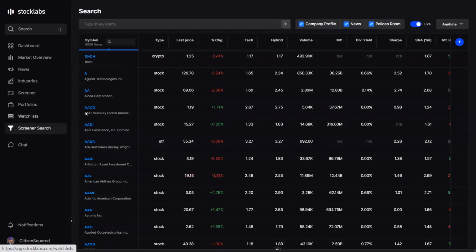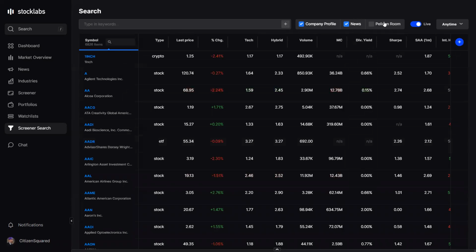But intelligence, volume tools, and live functionality on screens is exclusively for pro. Screener search is another way to search through different events. You can think of it like that. So I'm going to uncheck Pelican Room. Pelican Room is the chat room, which a lot of active members go into and bounce ideas off each other, or just talk trash to each other, or talk about the latest whatever in the news.